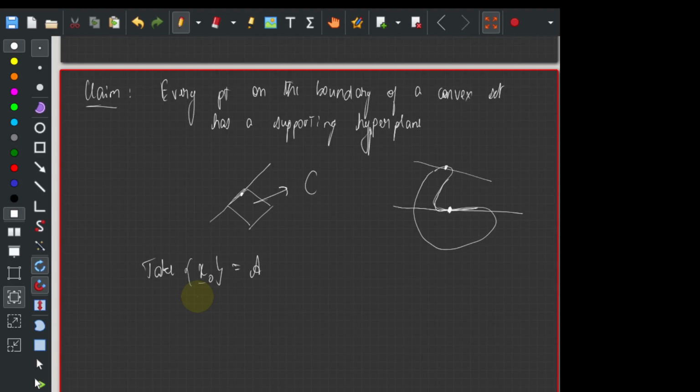So I have x naught, which is A. This is a convex set because it contains only one element. Now from the remainder of C, can I construct another convex set? So first, is C minus x naught a convex set? It's not, right? Or at least it need not be. Okay, what other convex set can I construct?